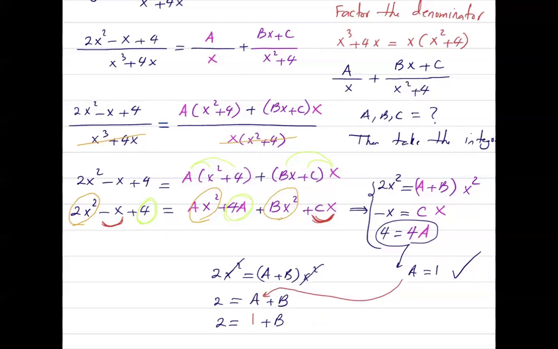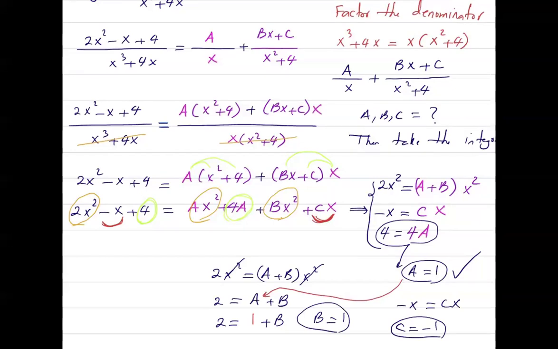Well, I found my A and B. What is my C? Well, from the second equation, since negative x is equal to Cx, C is negative 1.